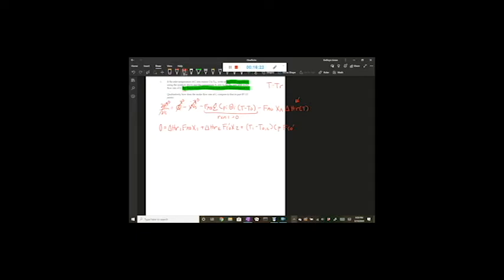From here, all we have to do is solve for FC naught. So if we do that, we get negative delta HR1 FA naught X1 equals FC naught prime times the quantity delta HR2 X2 plus (T1 minus T naught 2) CP.